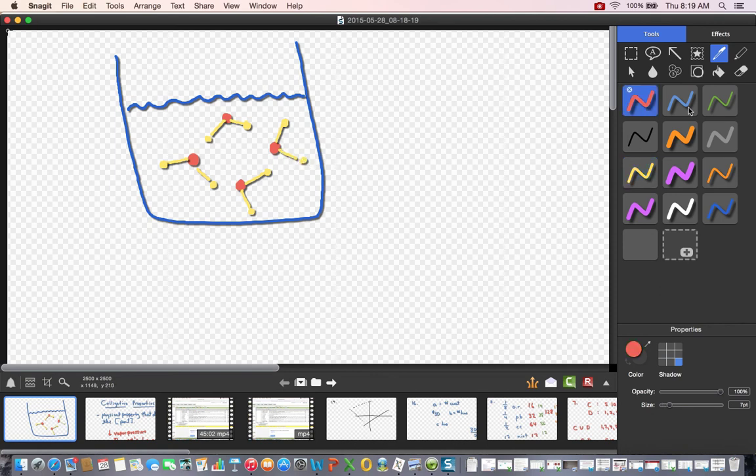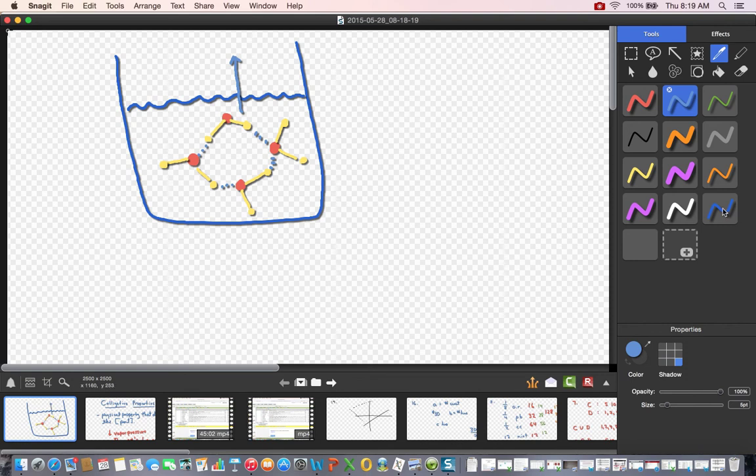And really what I want to emphasize is that the hydrogen bonds are between the hydrogens and the oxygens. These IMFs have to be broken in order for the kinetic energy of an individual water molecule to be sufficient for it to be translated from a liquid to a gas.